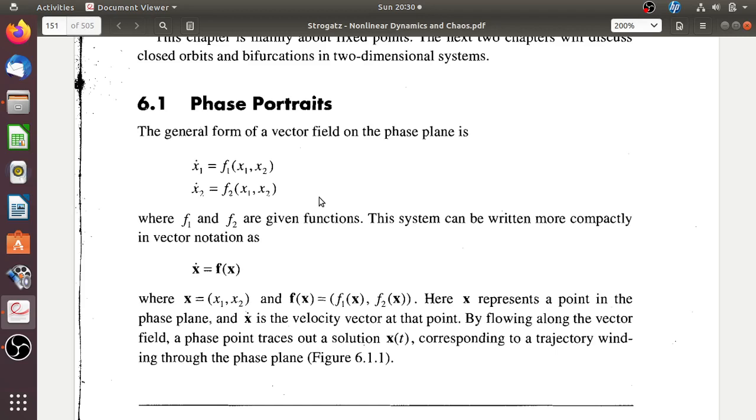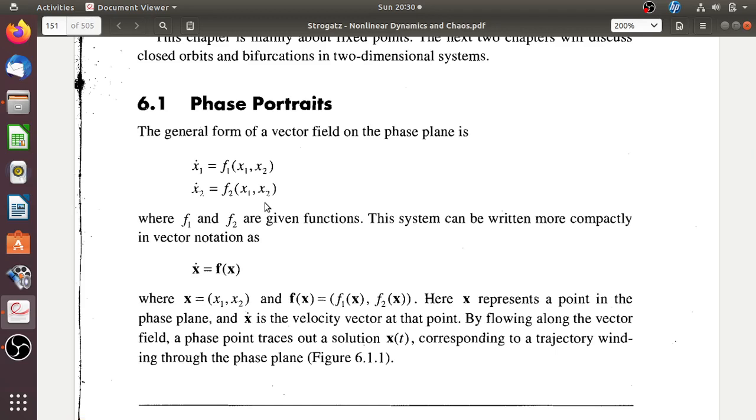In this chapter we are going to discuss how the phase portrait is constructed. One method is to try solving this equation analytically, but mostly it is not possible to solve it, and we can't have a closed-form solution. So we have to go for a numerical method, which will at least give an approximate solution.